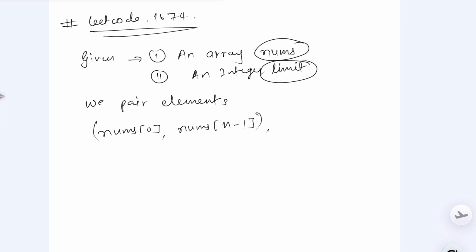Let's talk about the second pair. The second pair is nums at 1 with nums at n minus 1 minus 1, which is n minus 2, correct? And it will go on like this, right guys? So these are the pairs.